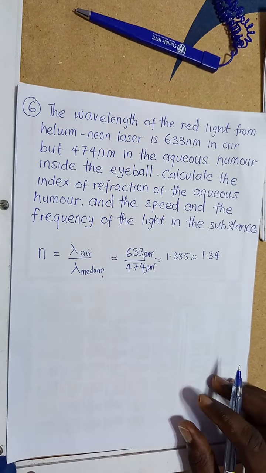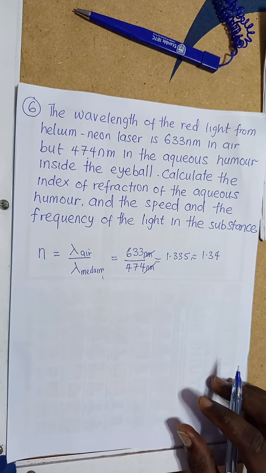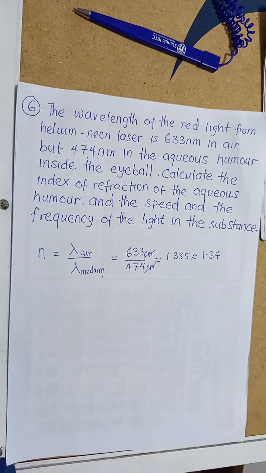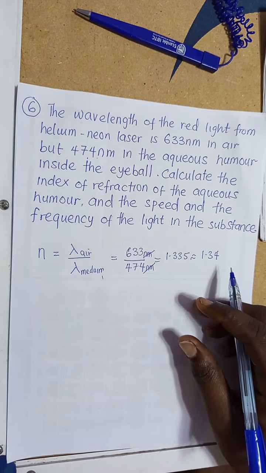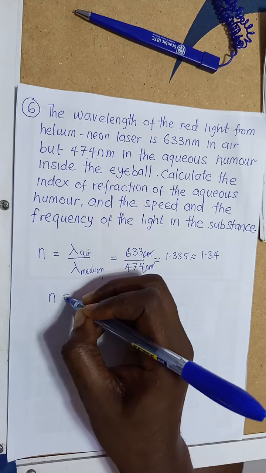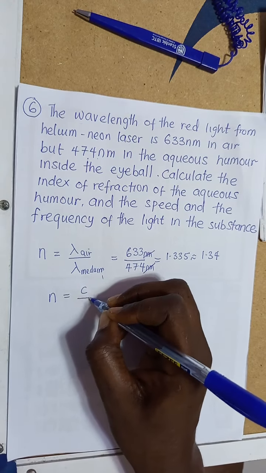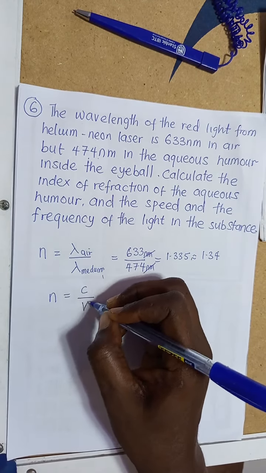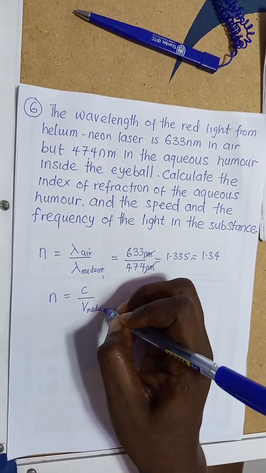Then, we have calculated the refractive index. Now, what did they say? They say we should calculate the speed. So, n is also the same as speed of light in air over speed of light in a medium.